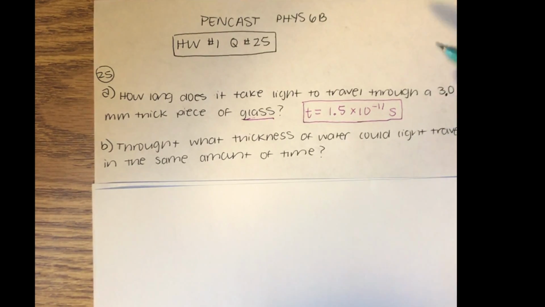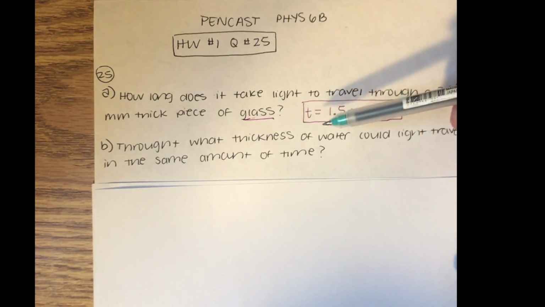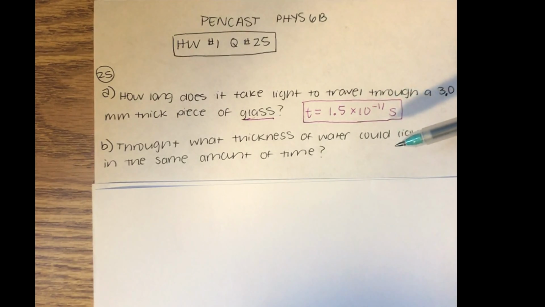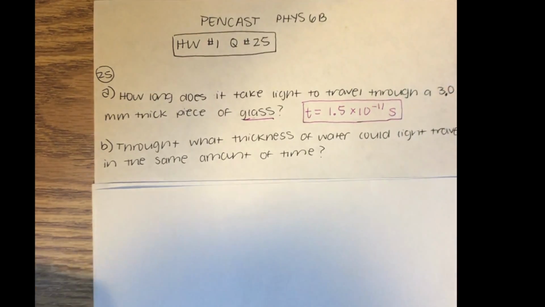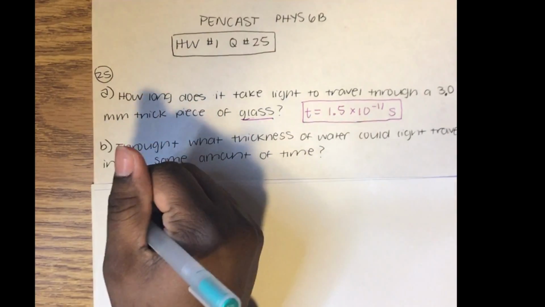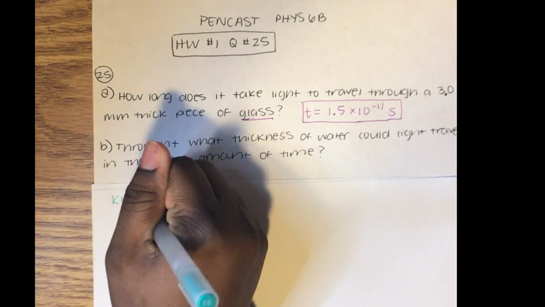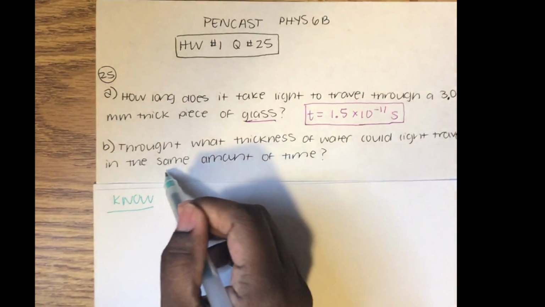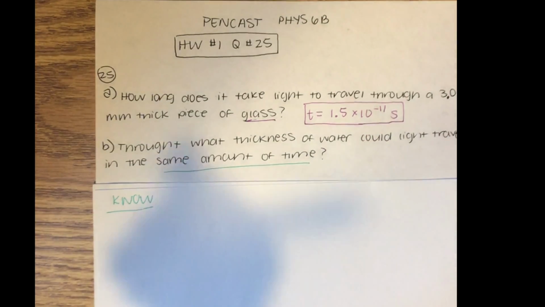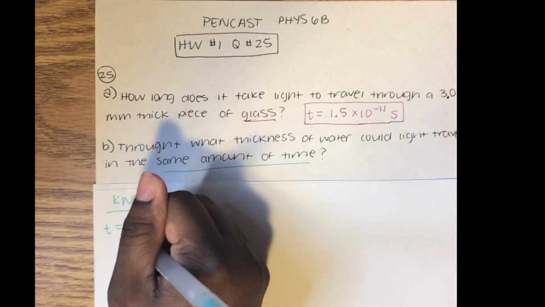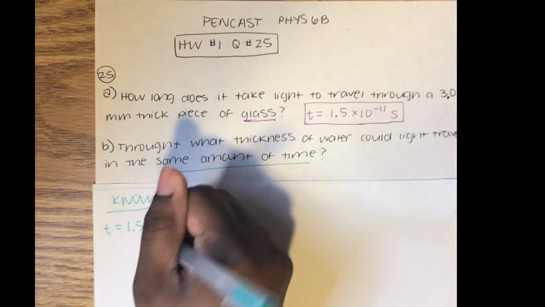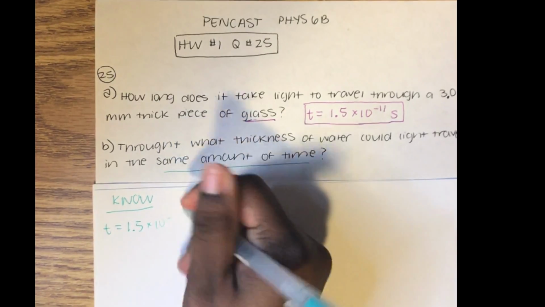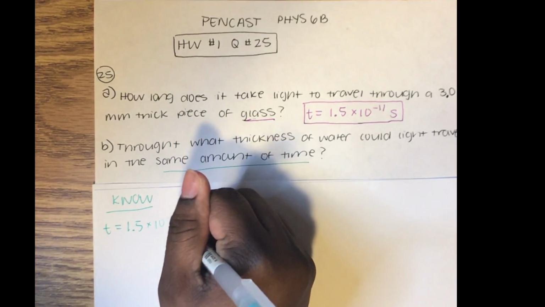And it states, through what thickness of water could light travel in the same amount of time? Now, let's first, again, start with what we know. We know from part A that we want it to be the same amount of time, as stated in the question. And we found that time is going to be 1.5 times 10 to the negative 11 seconds.